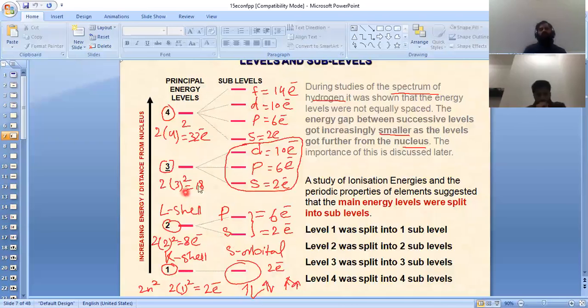If the s belongs to the third, its name will be 3s. If the fourth, then 4s. Accordingly, there will be 2p, 3p, 4p, in the same way 3d, 4d. So we will work on this in detail. Actually, this is according to the available electrons, right?